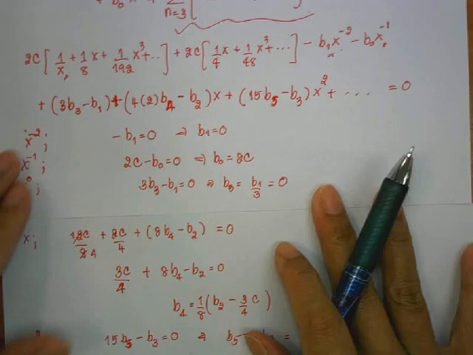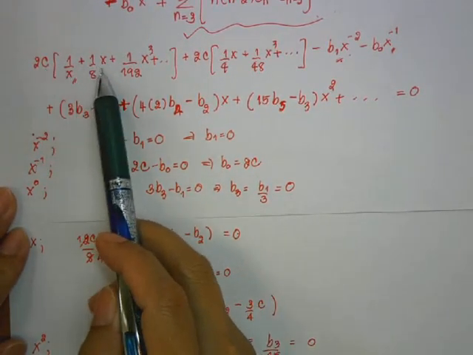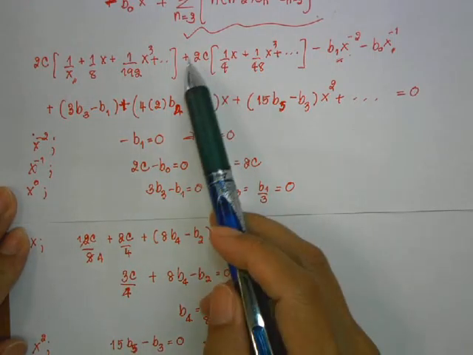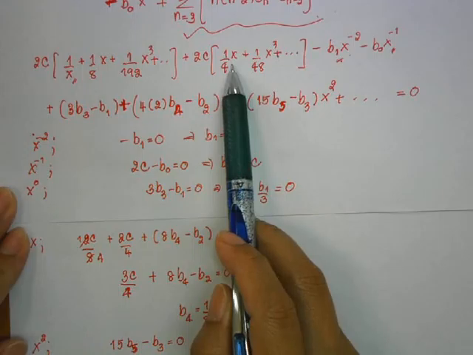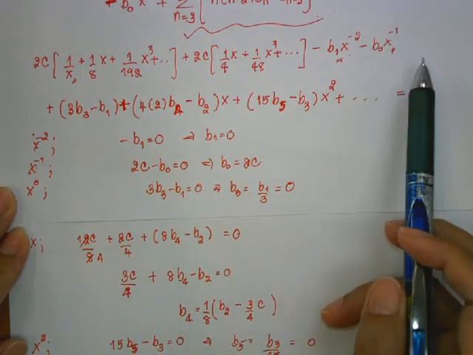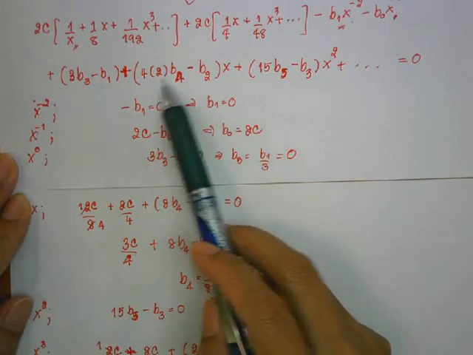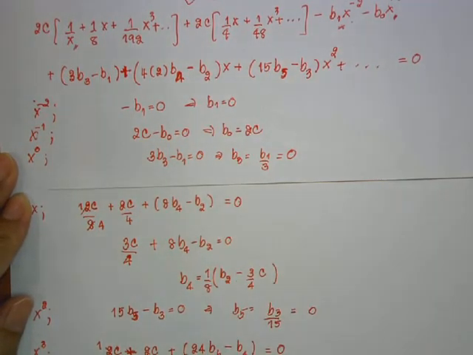Now we do the term of x. In the term of x we have 2c divided by 8, 2c divided by 8, and we have 2c divided by 4. This one we don't have. We have here 8b4 minus b2, which is equal to 0.